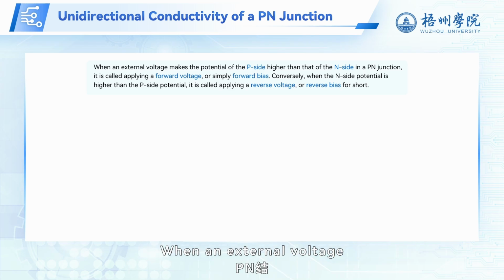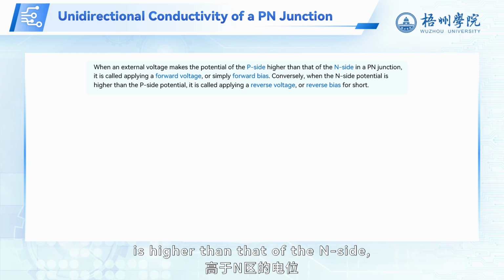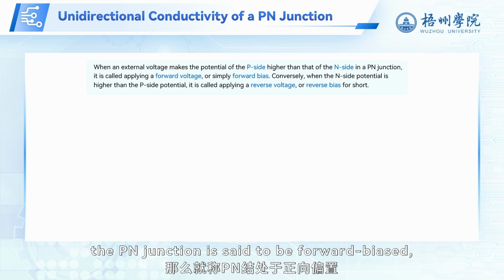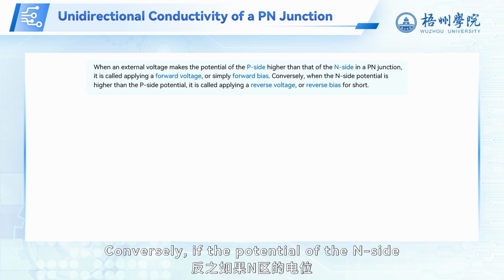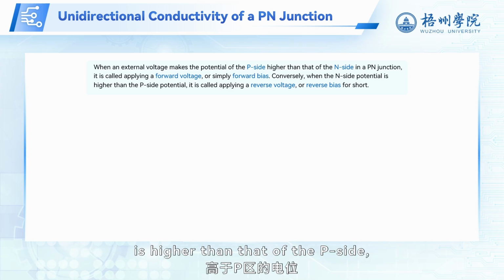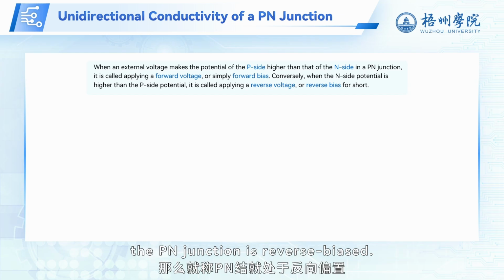When an external voltage is applied to a p-n junction, if the potential of the p-side is higher than that of the n-side, the p-n junction is said to be forward biased, and the applied voltage is called forward voltage. Conversely, if the potential of the n-side is higher than that of the p-side, the p-n junction is reverse biased.